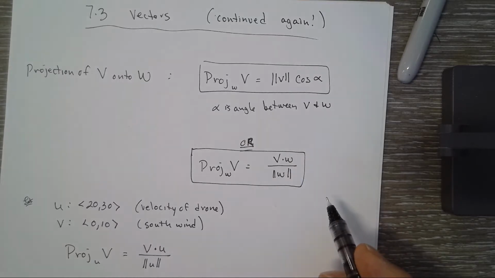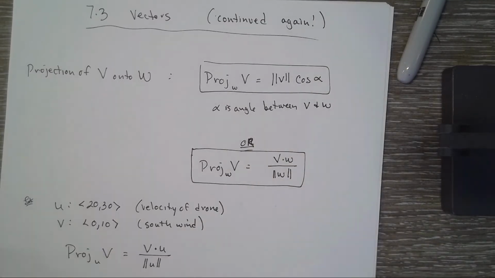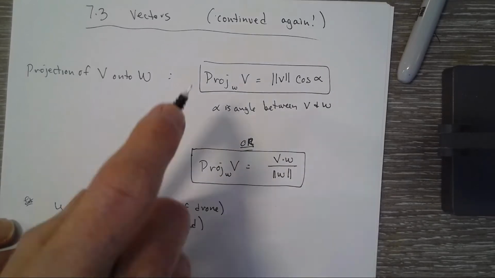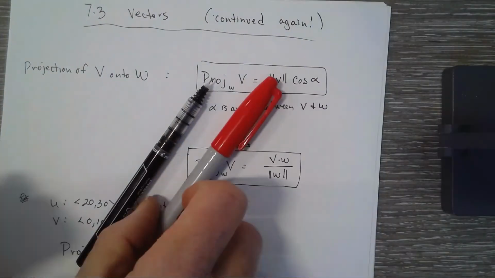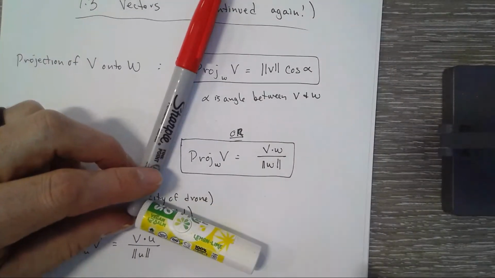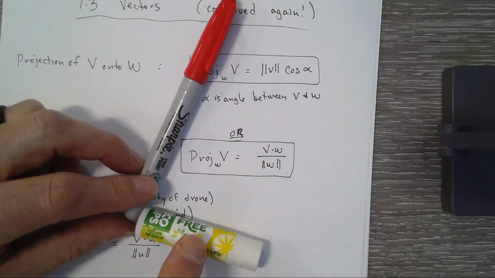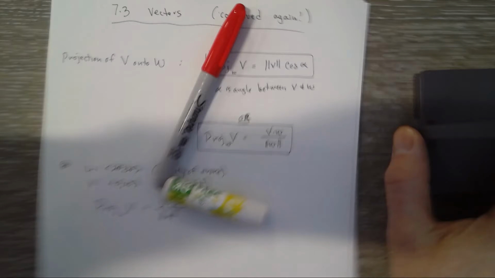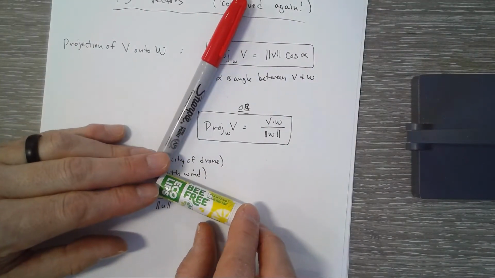So what are you actually finding? You're finding how much V contributes to W. So if I have a vector, let's say this pen or this marker is your vector, and I've got another vector right here, how much is this vector contributing toward that one? Well, since they're orthogonal, it's literally not helping one bit.